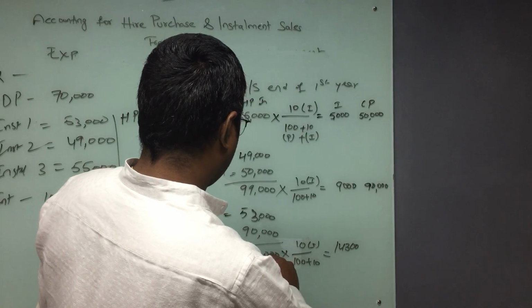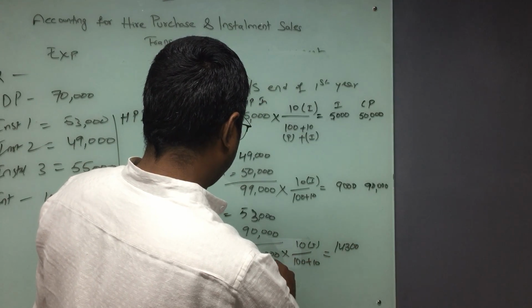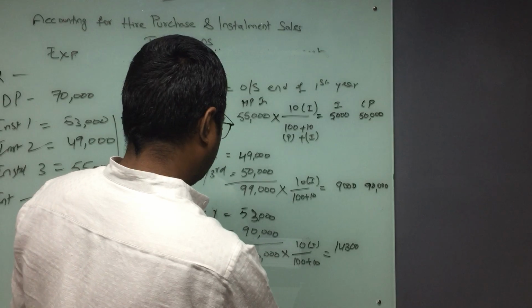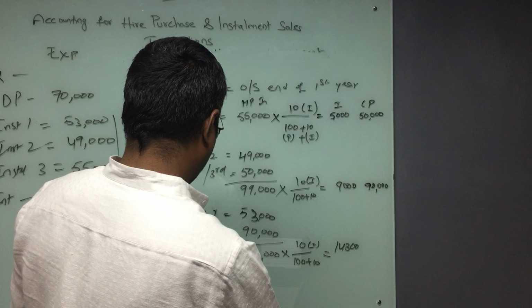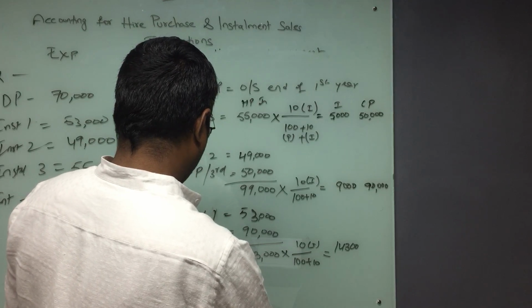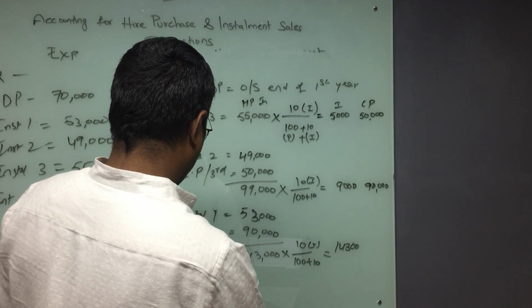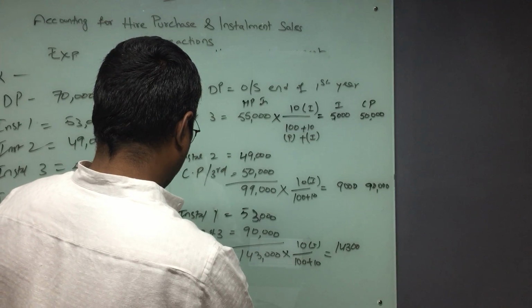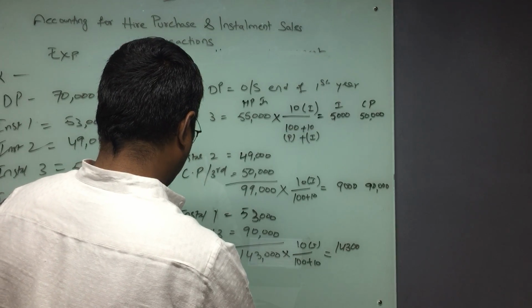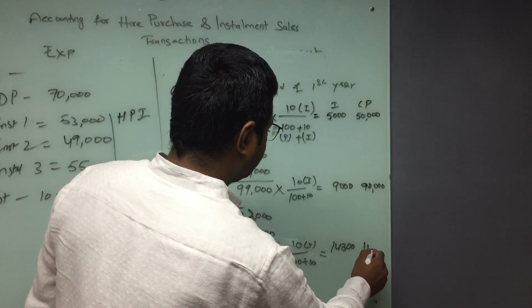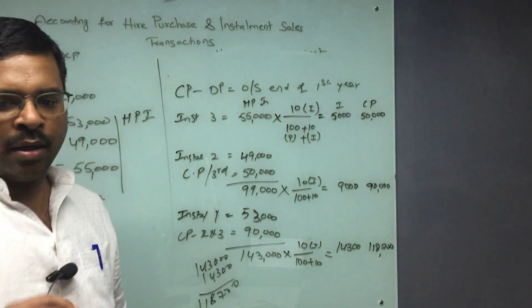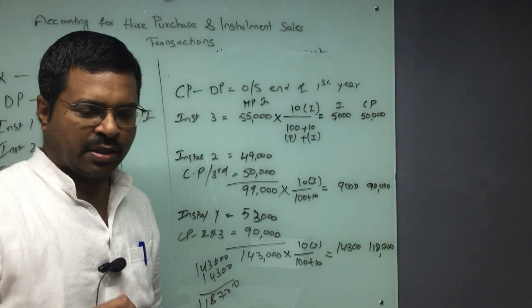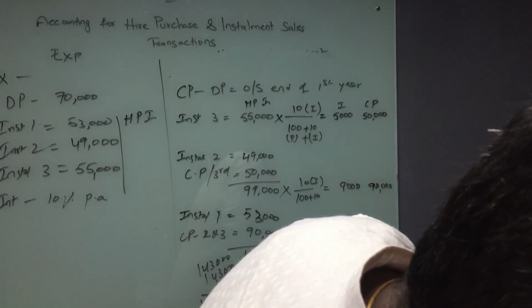If I remove 14,300, then 1,18,700. This is the principal outstanding.